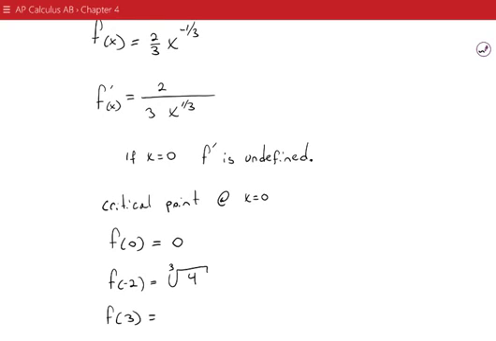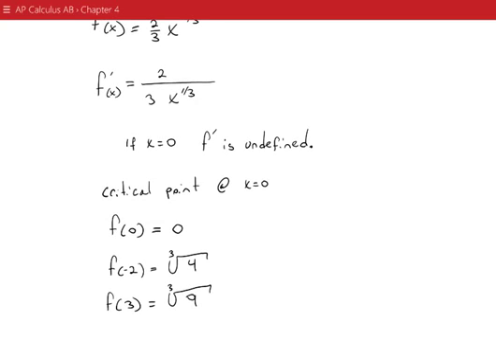And then f of 3, that's going to be 3 squared and the cube root. So it looks like this is our largest value that we got, and this is the smallest value.